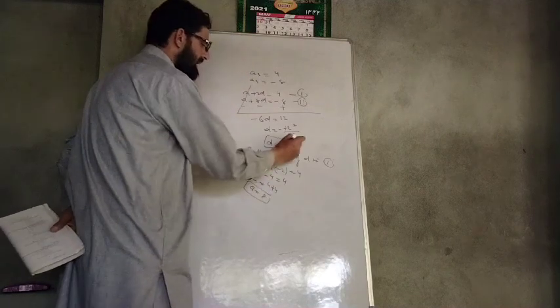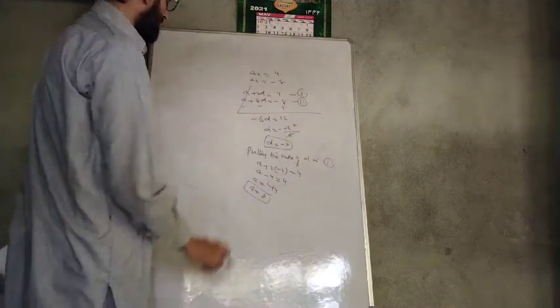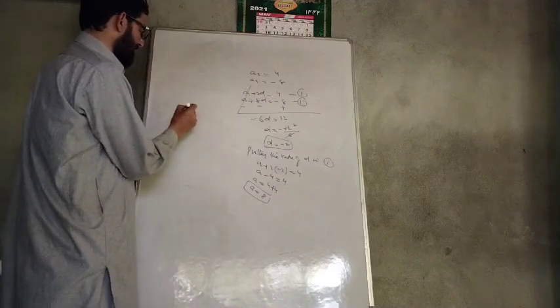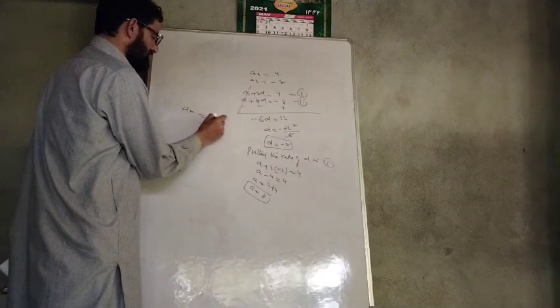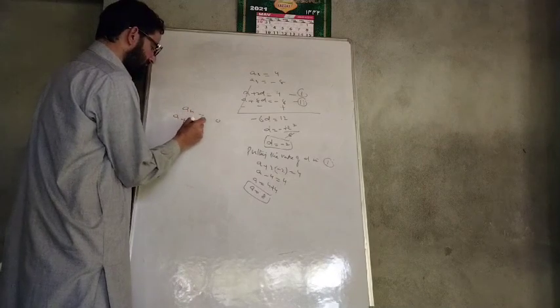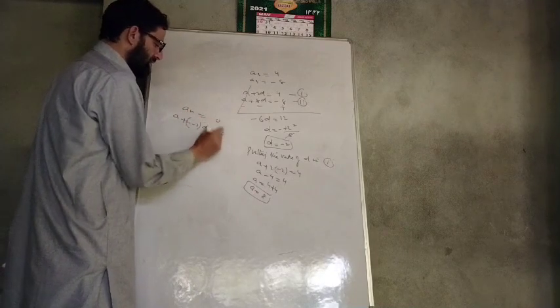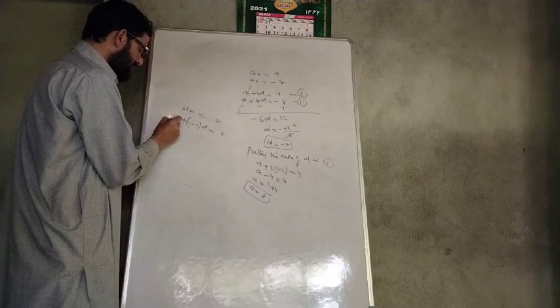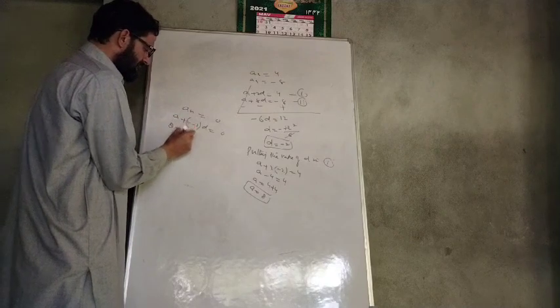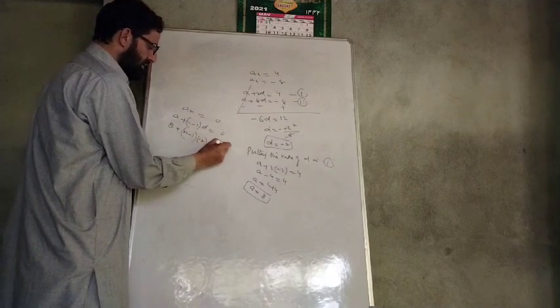Now we know a and d. Now we have to find which term is 0. Let an is equal to 0. What is an? A plus n minus 1 into d is equal to 0. A is 8 plus n minus 1 into d, which is minus 2, is equivalent to 0.